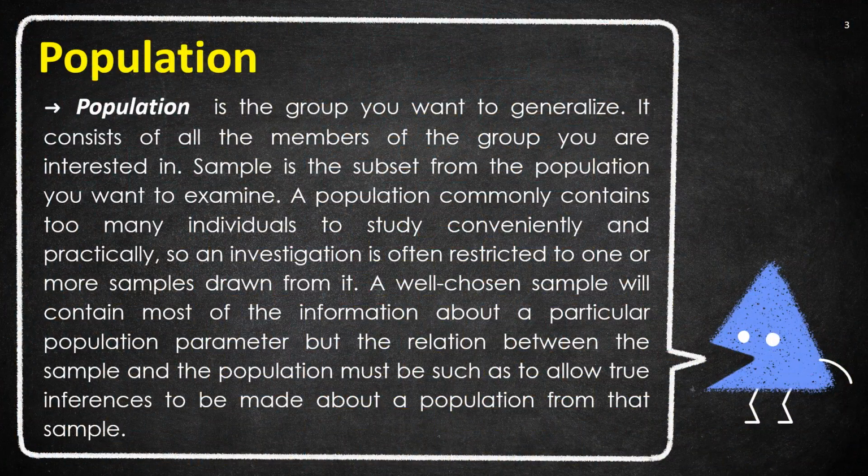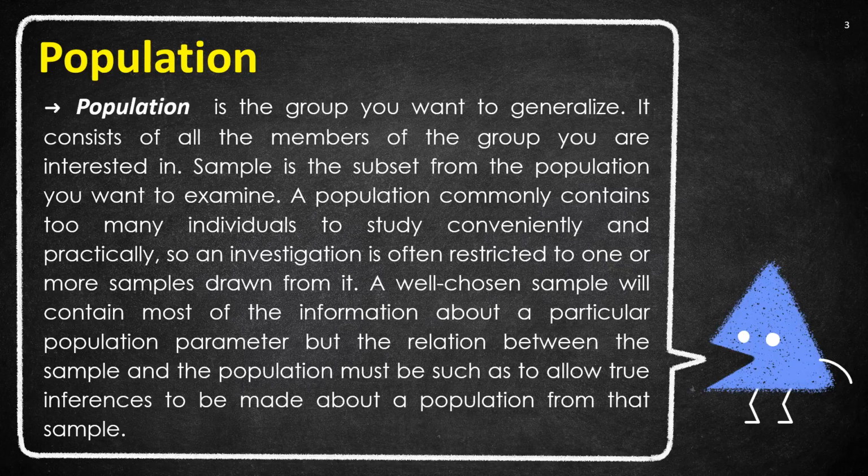Now, what is a population? It is the group you want to generalize to. It consists of all the members of the group you are interested in. A sample is the subset from the population you want to examine. A population commonly contains too many individuals to study conveniently and practically, so an investigation is often restricted to one or more samples drawn from it.